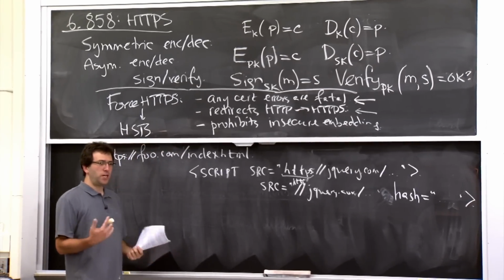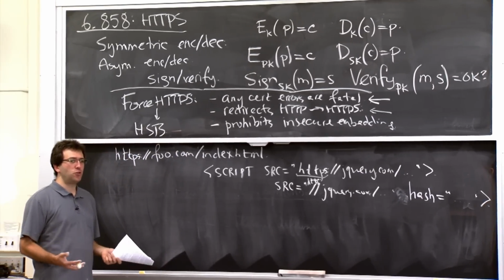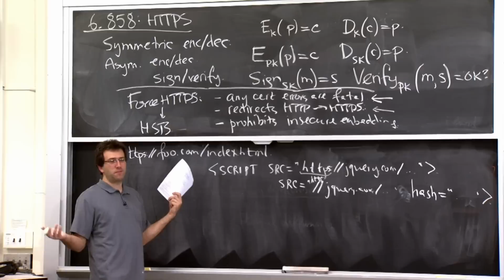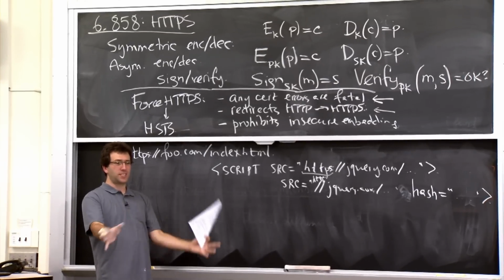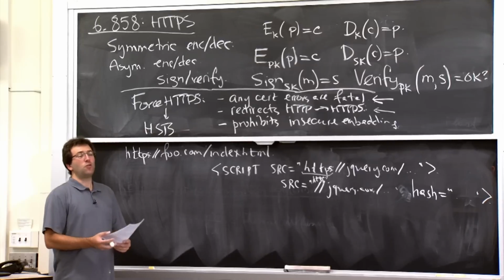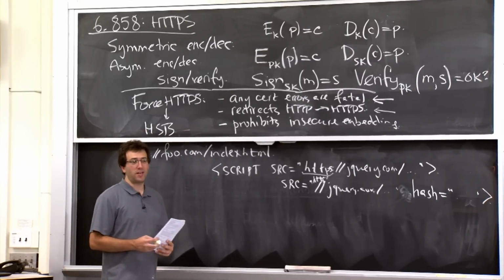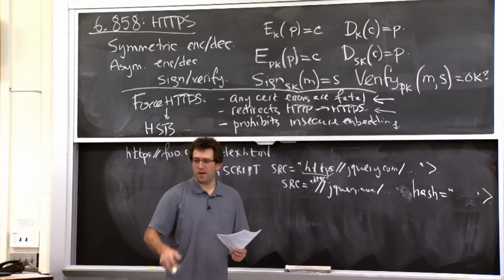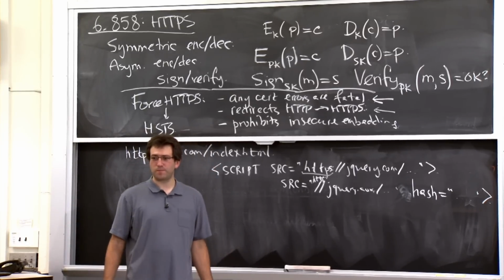So it seems potentially possible for an attacker to prevent that Force HTTPS bit from being sent in the first place. If you've never been to a site and you try to visit that site, you might never learn whether it should be Force HTTPS or not in the first place. Yeah. Well, the bit is only allowed to be set if there are no certificate errors.